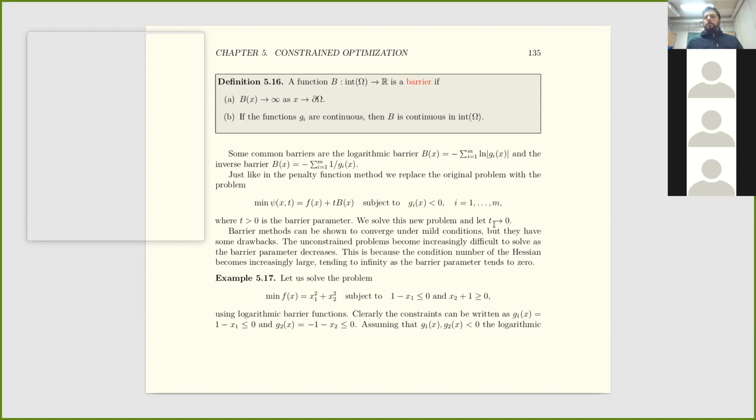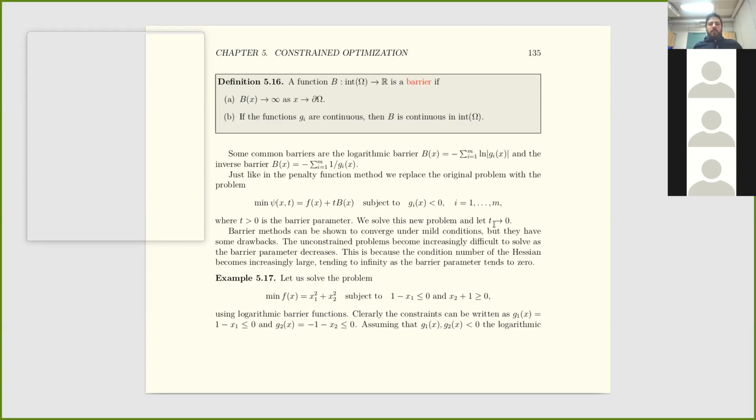So we define a function that maps the interior points of the region to real numbers. We define it as a barrier if it has the property that the function's value approaches infinity as x approaches the boundary. There are some examples. G of i is negative in the interior.